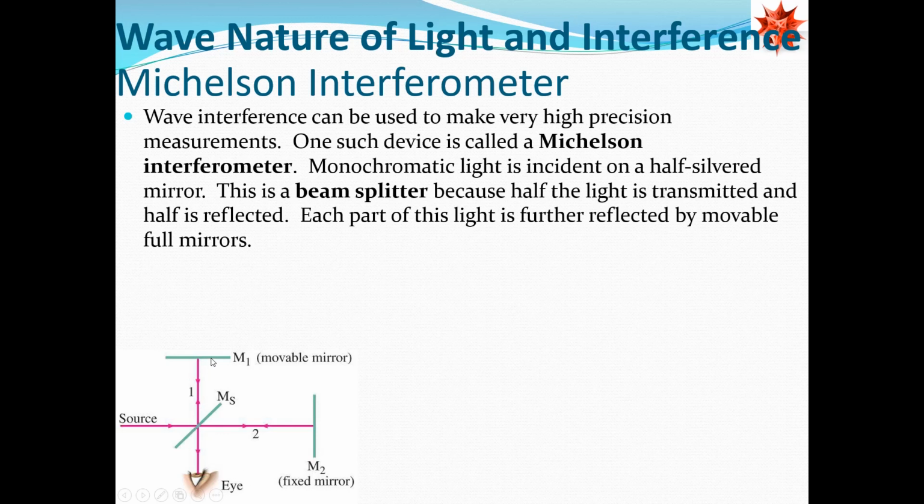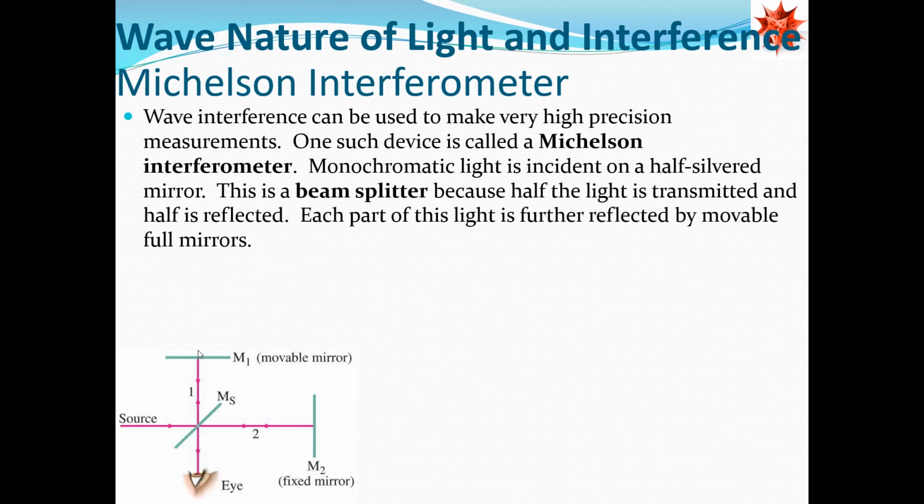Basically, what you do is move this mirror a bit until you get these two waves as they come in being completely in phase. This allows you to figure out the wavelength of whatever light source you're using, by adjusting this movable mirror and seeing how much you can move it in order to see adjacent constructive interference.